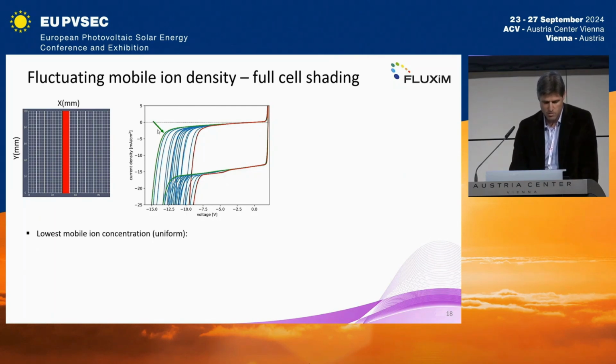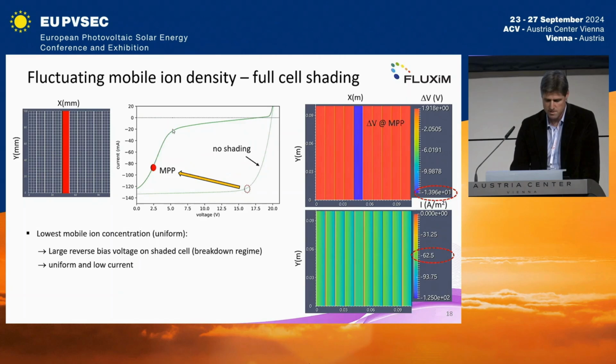And we start with the lowest concentration of mobile ions. So in this case, we have a severe degradation of the performance as expected, and we have a very large reverse bias here on this shaded cell. But the current, while it's low, is uniform.